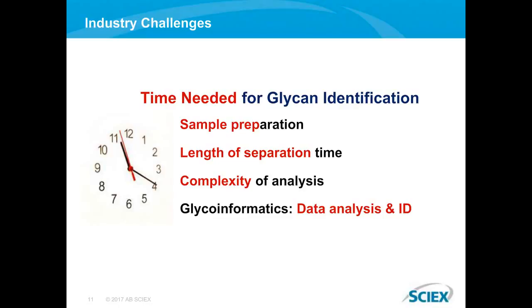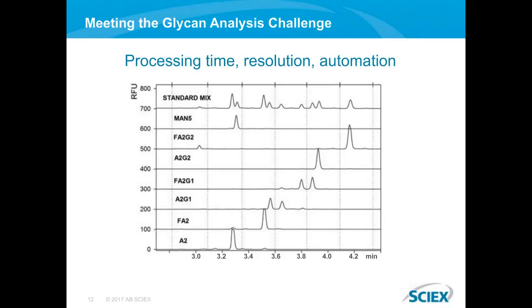The complexity of the analysis should be such that you can really use the glycoinformatics tools for data analysis and identifying those key sugar structures that should be right there on the molecule. So to meet these analytical challenges with the processing time, resolution and automation, this is just an example of the separation of a standard mixture of glycans.